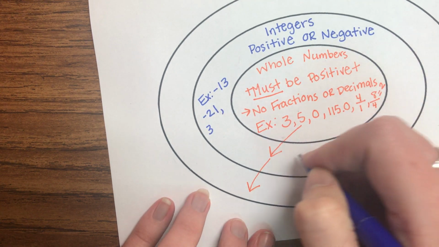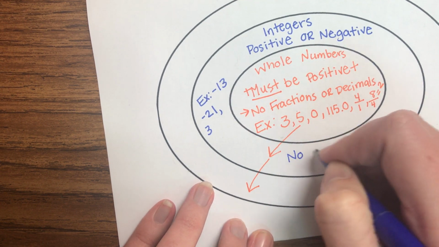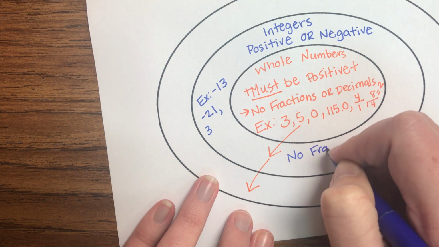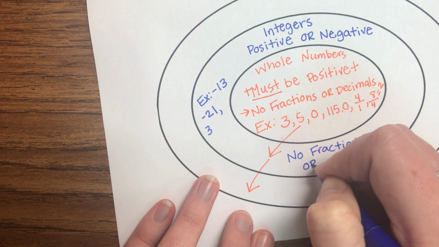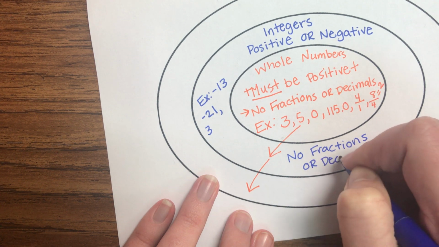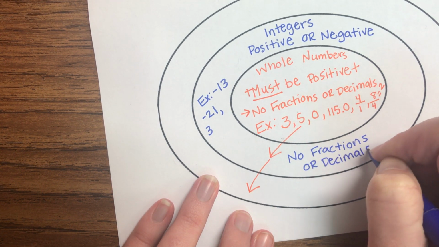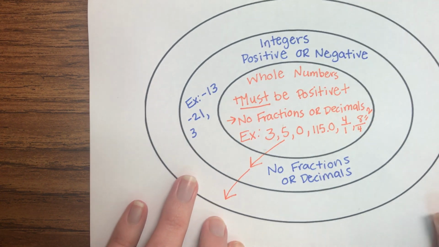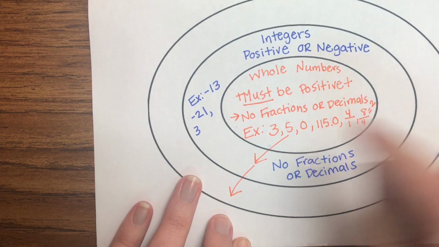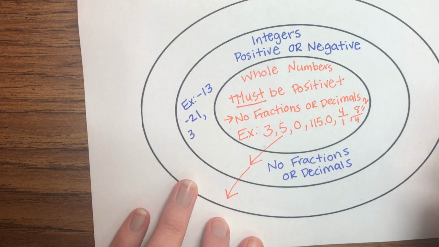I forgot also, in integers we have no fractions or decimals. Still no fractions or decimals. So we changed from positives to positives and negatives, but there's still no fractions or decimals in integers. So now we can involve our negatives though.